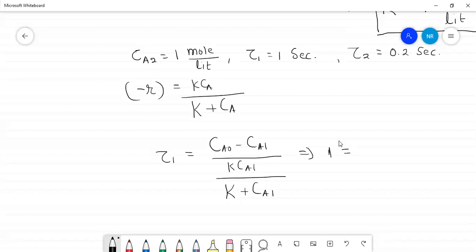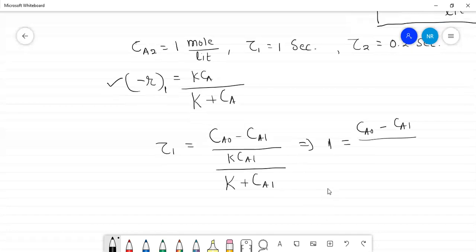But Ca0 and Ca1 we don't have, so we cannot use the first one because the outlet concentration of the first reactor is unknown. Instead of it, first we have to find out R2.